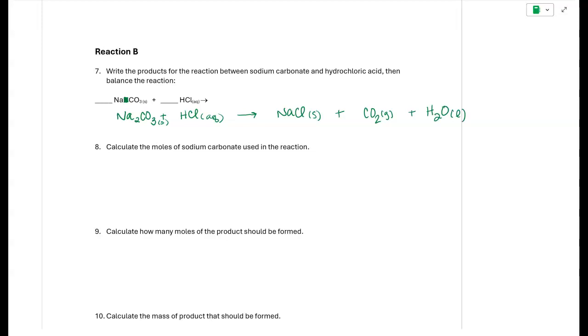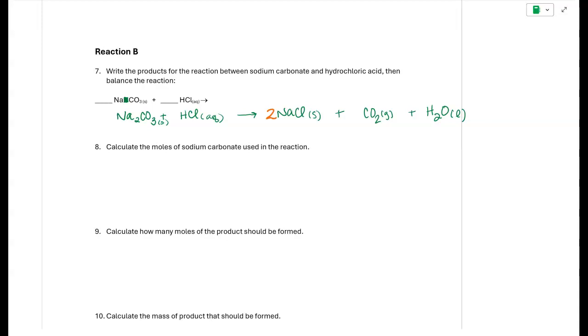And we are going to look at here, and we see that we have 2 sodiums on this side and only 1 over here. And so since I've got 2, I'm going to put a 2 in front of the NaCl.